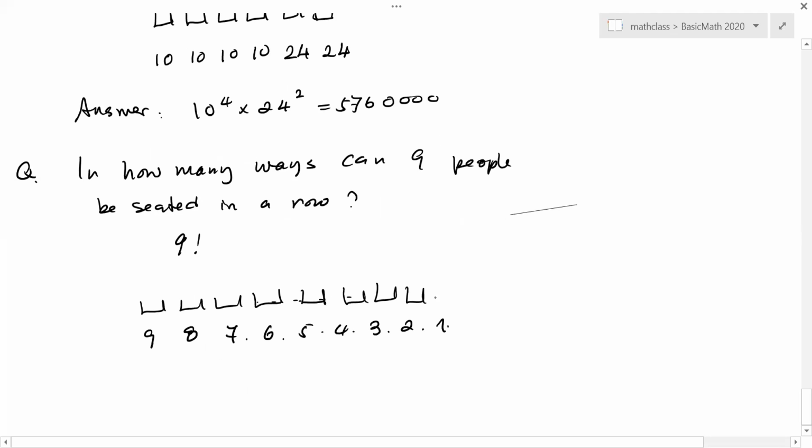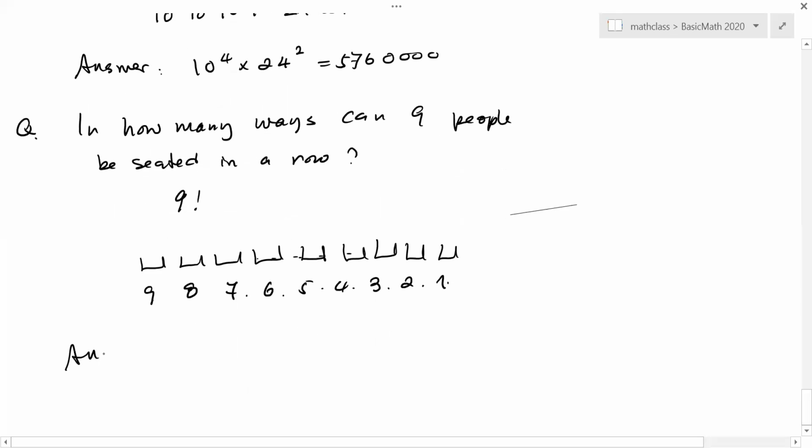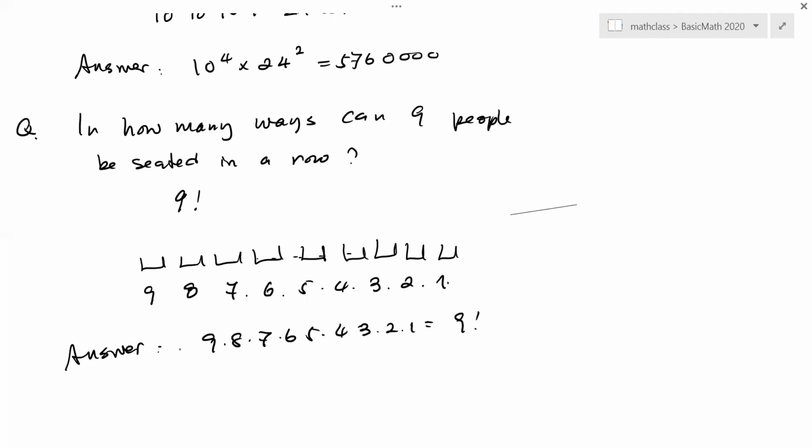So the answer is 9 times 8 times 7 times 6 times 5 times 4 times 3 times 2 times 1, which is 9 factorial. It's a pretty large number.